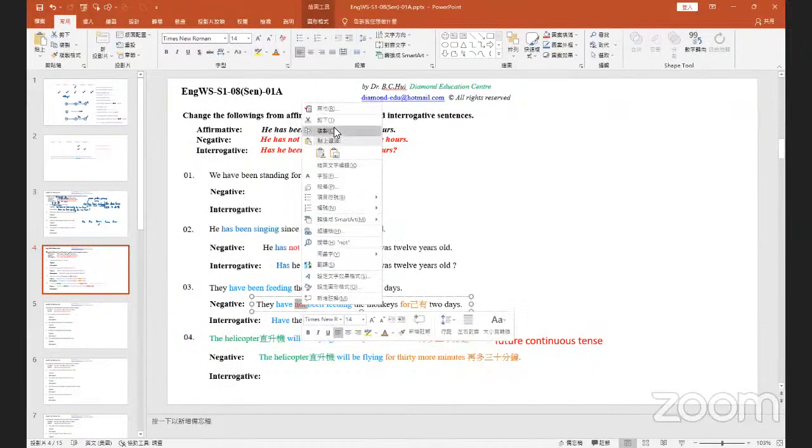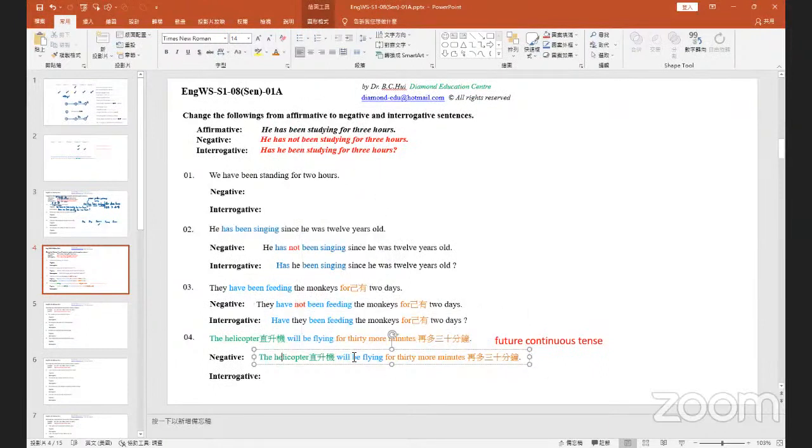So if you want to say no, you put a not after the first part of the verb. The helicopter will not be flying for 30 more minutes.